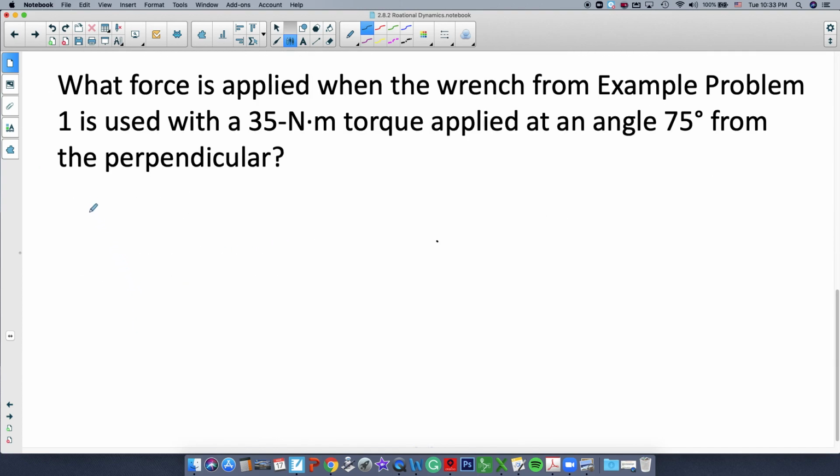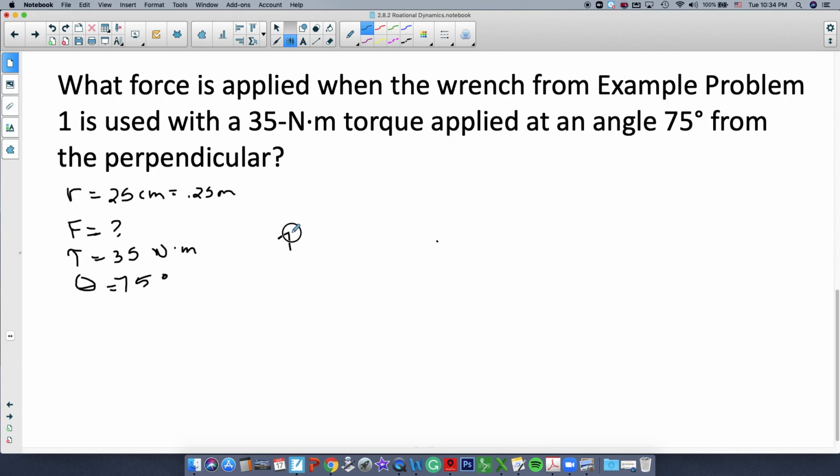Okay, so let's write that radius or lever arm 25 centimeters or 0.25 meters. Says what force, so we're looking for a force again, and we have a torque of 35 Newton meters. Okay, and our angle 75 degrees.